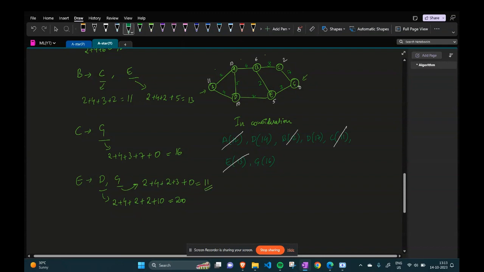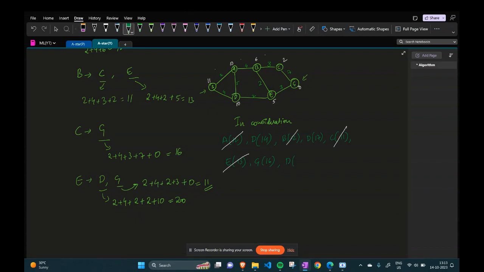So we throw this into our consideration table as well, and we get D with a value of 20, and G with a value of 11.